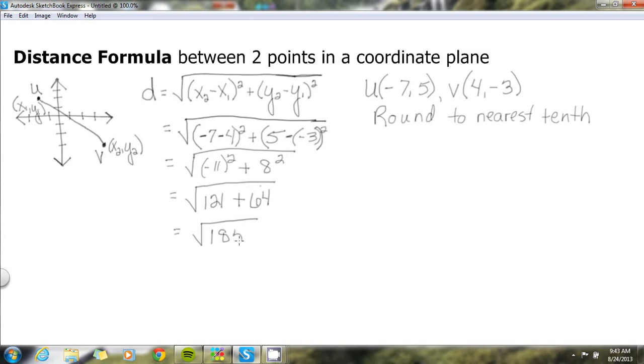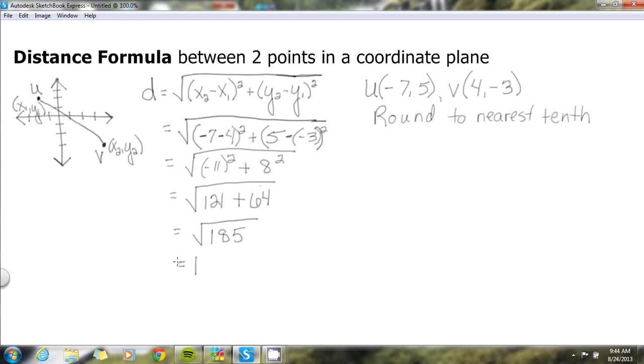Now if you take a second and put this in your calculator, the square root of 185 comes out to about 13.6014. Check that in your calculator. But since it says round to the nearest tenth, I'll go ahead and write this down here.